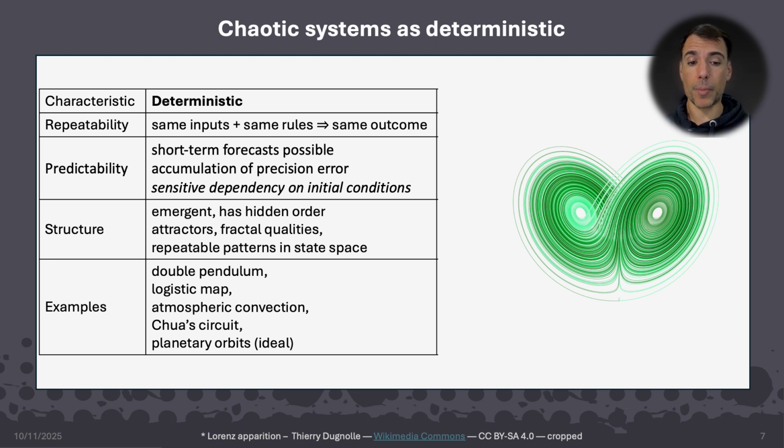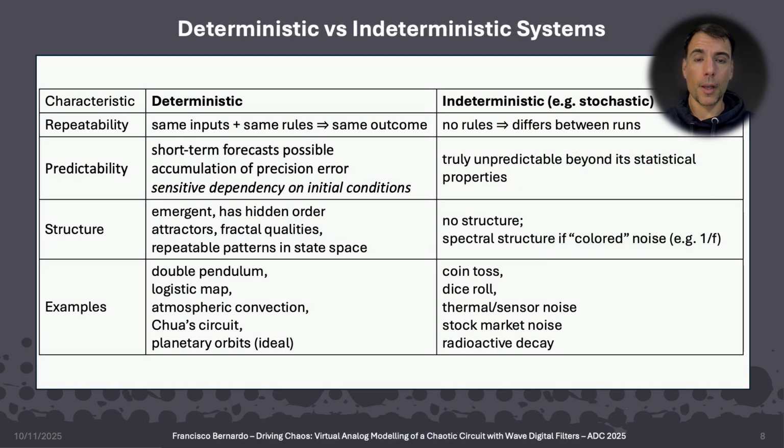Chaos looks messy, but there is actually a hidden order, an emergent structure with fractal qualities and repeatable patterns. Chaos does not behave like noise. It's interesting to contrast deterministic chaotic systems with indeterministic systems, such as stochastic or probabilistic systems, which have no rules and there are always different outcomes for different runs.